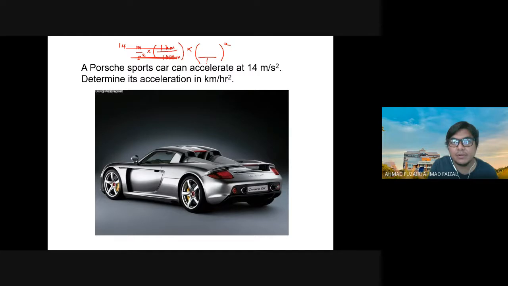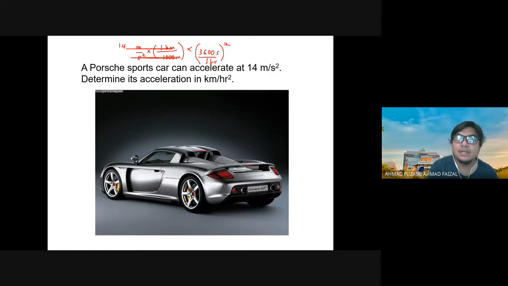So 1 hour equals to 3,600 second. Yang square tu duduk kat luar. Jangan pedulikan dia. Letakkan dia di bahagian luar sahaja. Okey. So yang bahagian luar tu biar je.